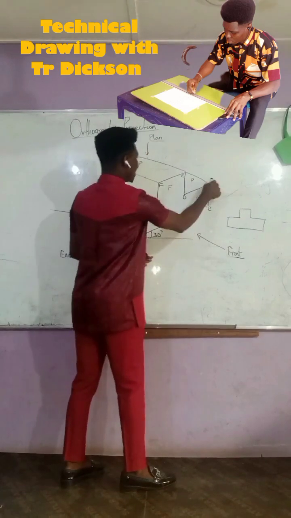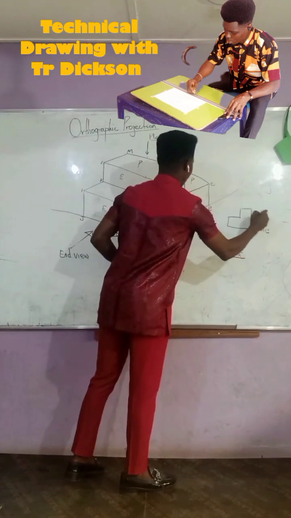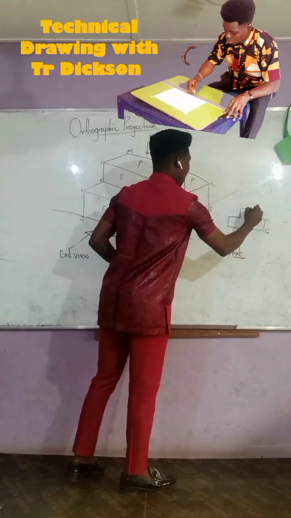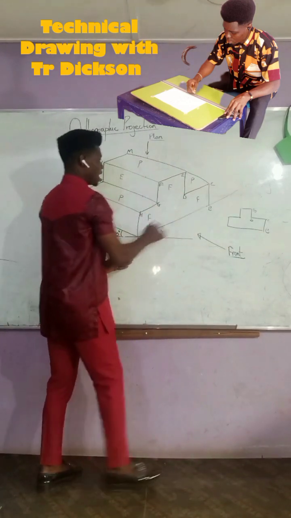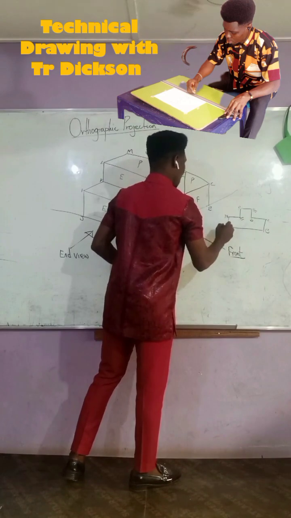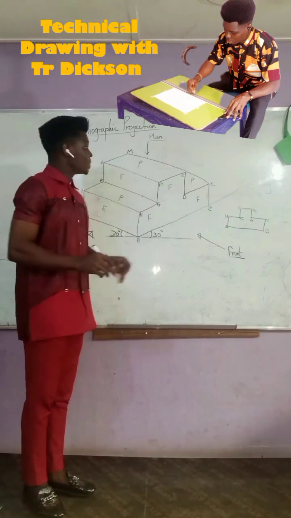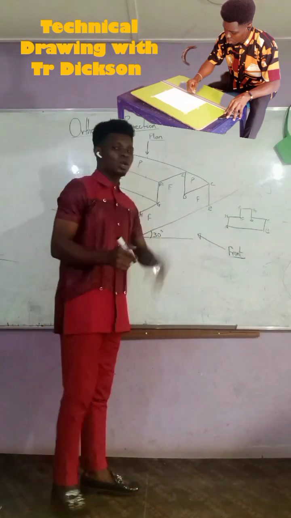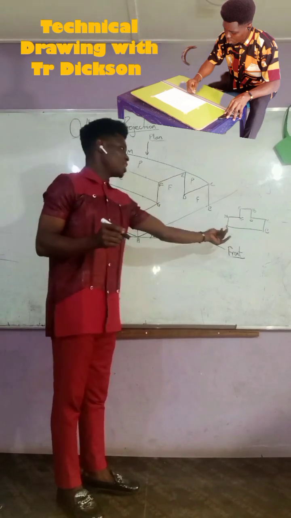So this is B, C, D, E, and then we have F, G, H, A. So that is the front view. That's what we will have when we go to the orthography. Just take note of that.